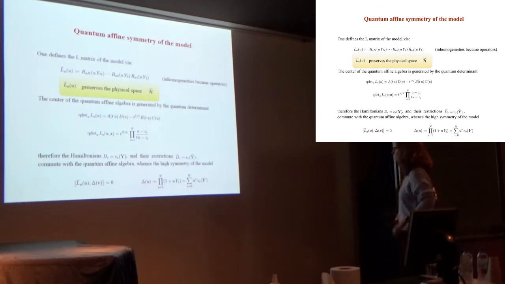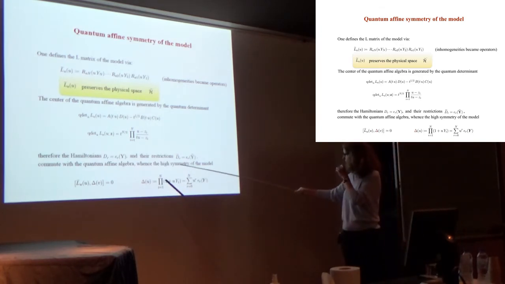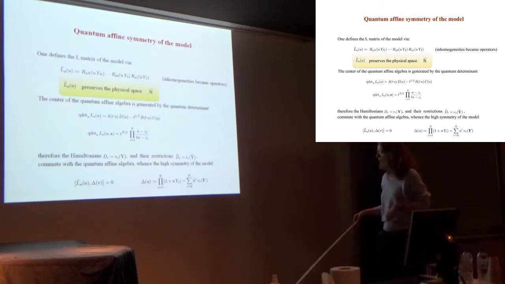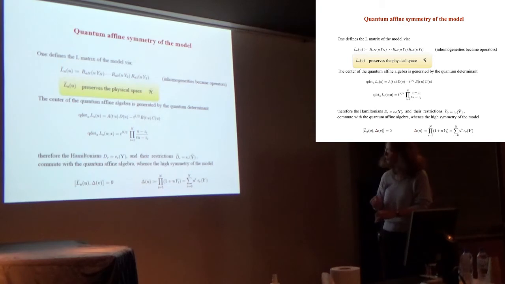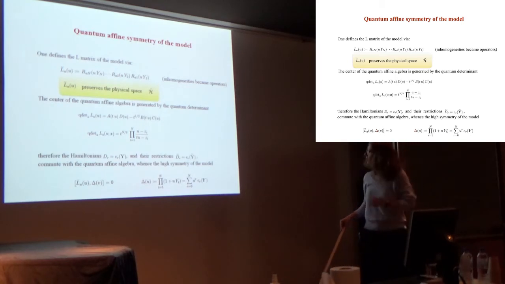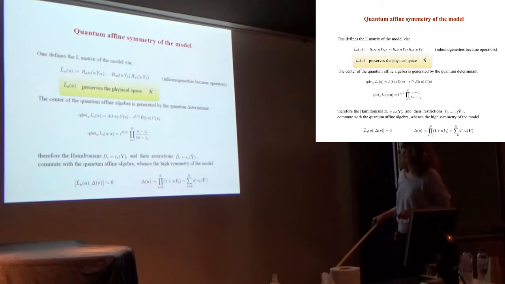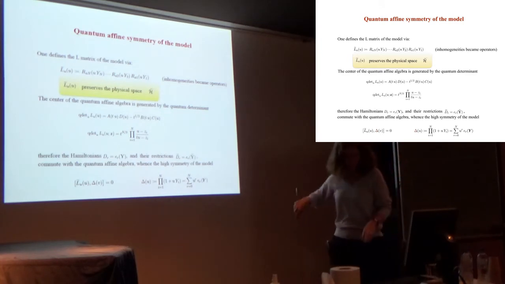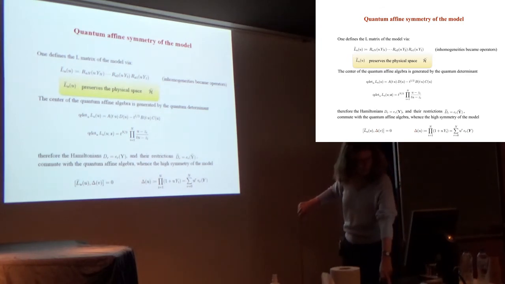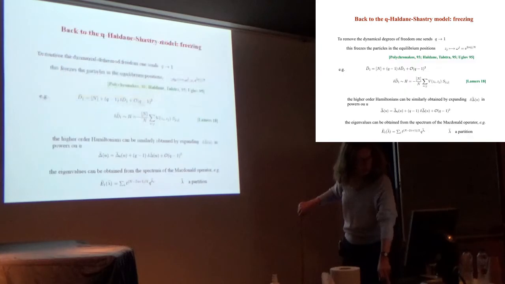So this object here can be used as a definition of the integrals of motion. And in particular, E1 tilde will be the Hamiltonian that I have shown you earlier. So that's the explanation of the symmetry of the model, the fact that the quantum affine algebra is a symmetry.